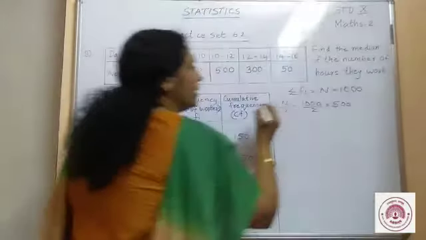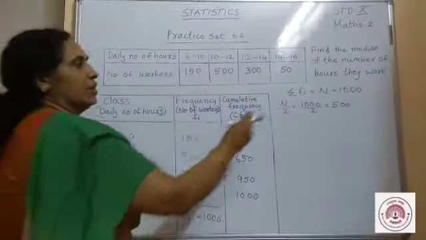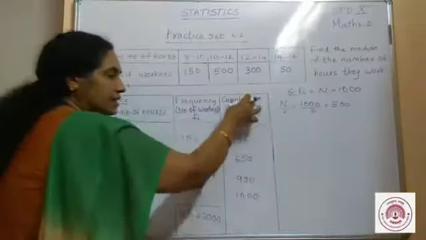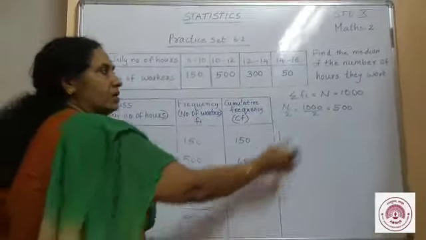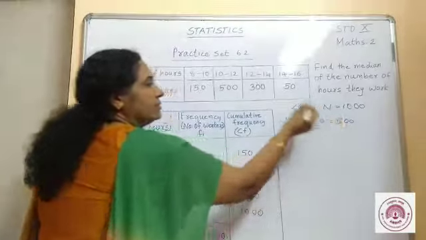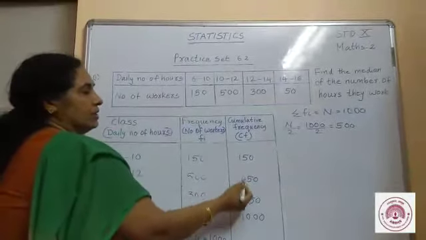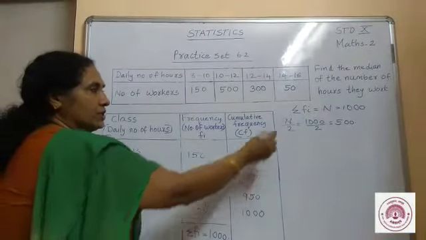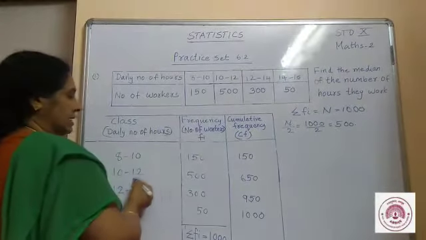Then next we have to find out the median class. To find the median class, we will see in the cumulative frequency table where this 500 lies. So here till 150 and here 650. So this 500 lies in this class.